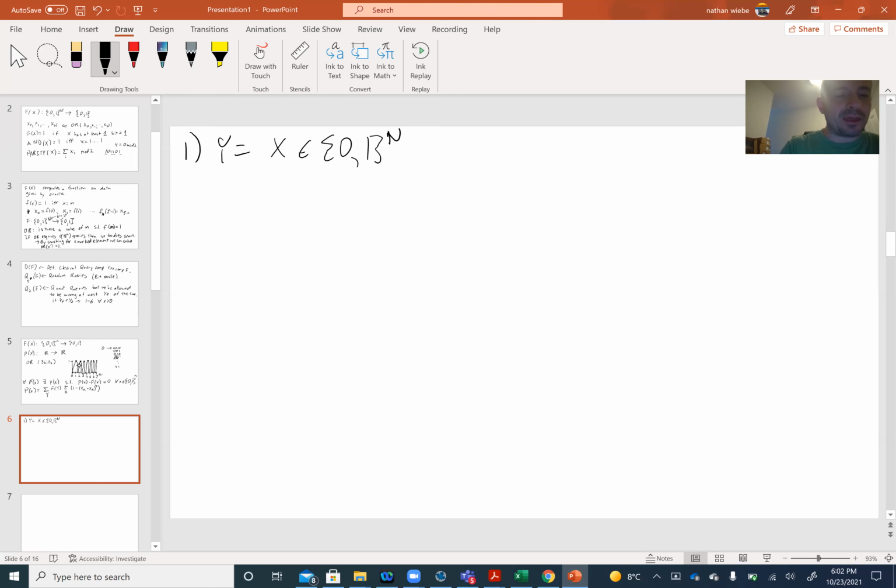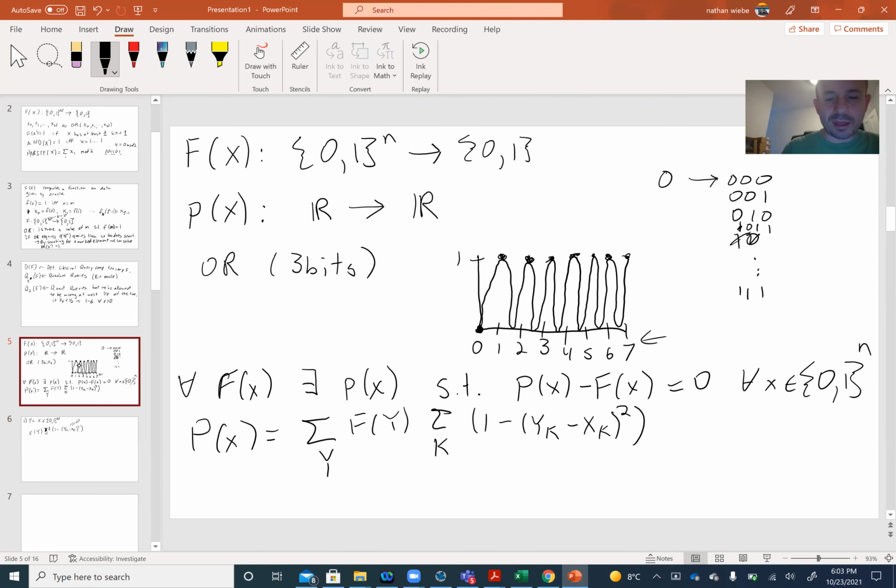Then what we end up having is f of y times the sum over the individual bit values of 1 minus (y_k minus x_k) squared. If they're equal, then x_k minus y_k is equal to 0 always. Oh, sorry, that is a sum of a product over k. I apologize. So let me go back and fix this. This is a product over k.